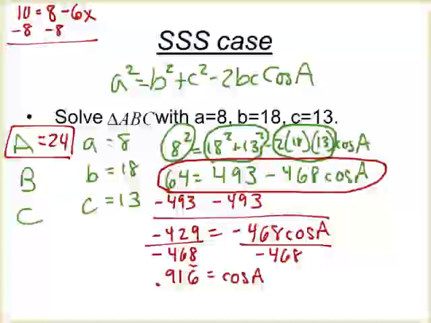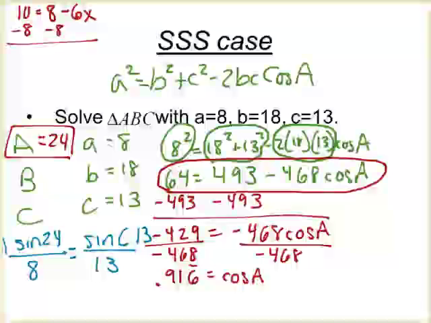At this point, we now know both parts of one letter, so we can go back to our law of sines. So I can say sine of 24 over 8 is equal to, always go for your smallest remaining, so what one am I going for here? C. Sine of C over 13. Then we multiply both sides by 13.